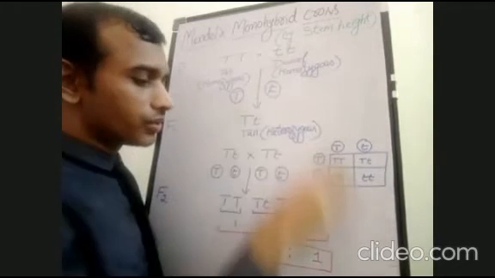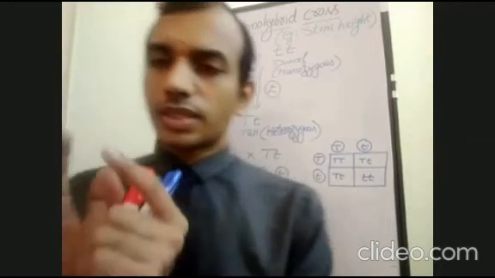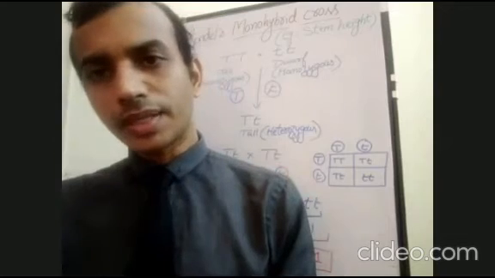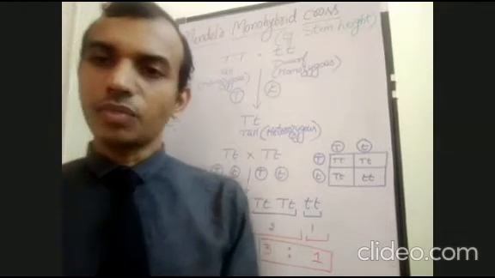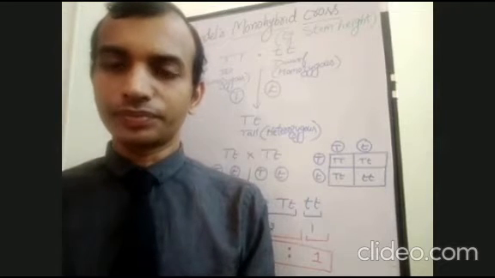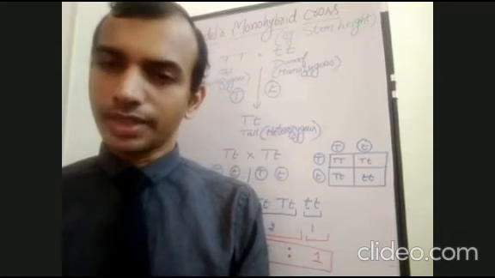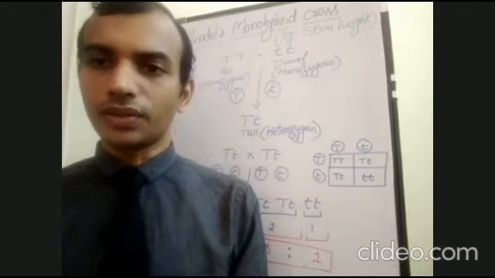That means those plants would be dwarf. So 75% would express the dominant character and 25% would express the recessive character. This is 3:1, which is Mendel's monohybrid cross ratio. This holds good for almost all cases except a few exceptions which were discovered later, after Mendel's time.